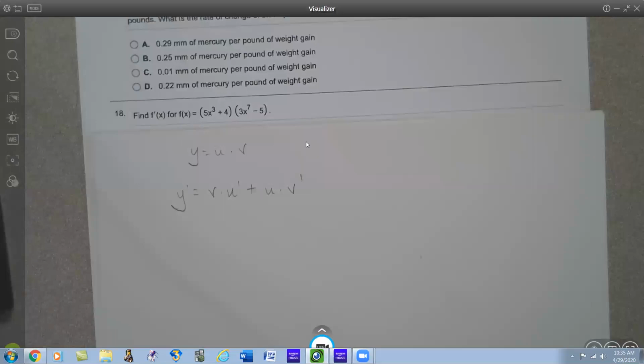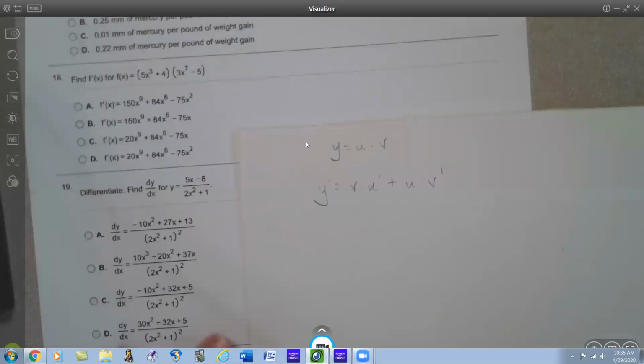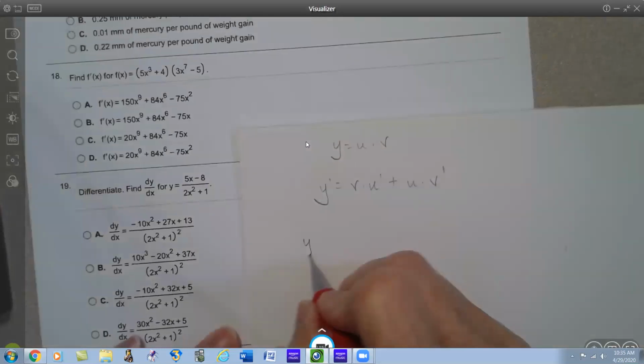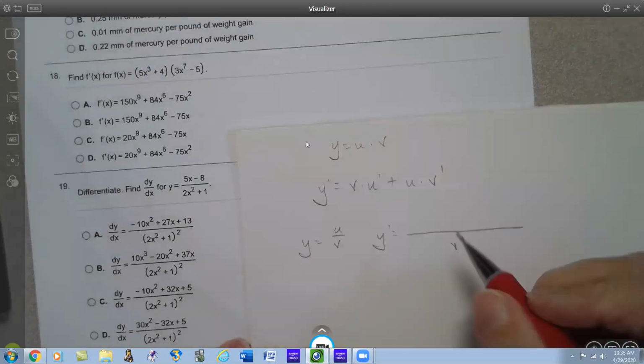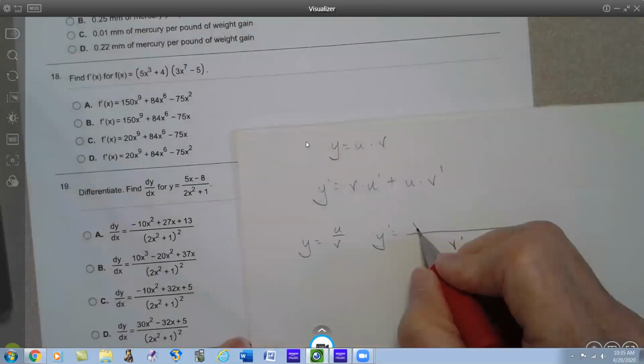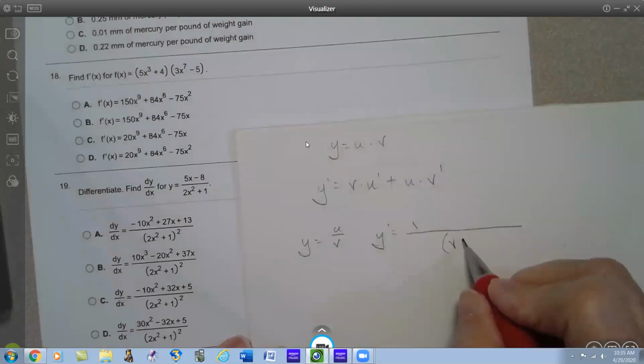Okay. Quotient rule. Y is equal to u over v, y prime. Remember your fraction bar. So v squared, v times u prime minus u times v prime.